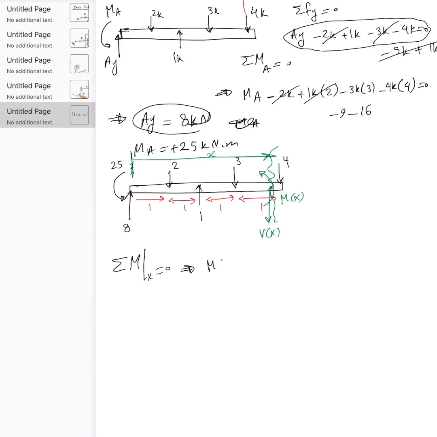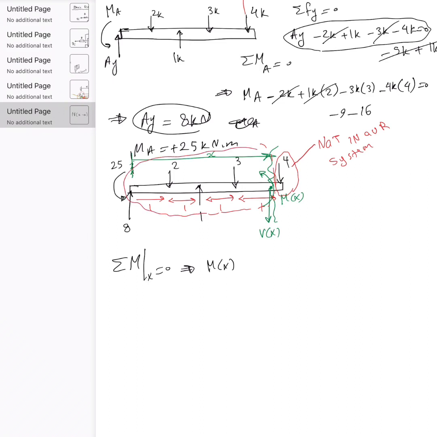So I get M of X, and then the next thing, don't forget, we do nothing with the right part. You see this part? This is not in our system. Our system is whatever is on the left part of this cut section. So we do nothing with the 4.